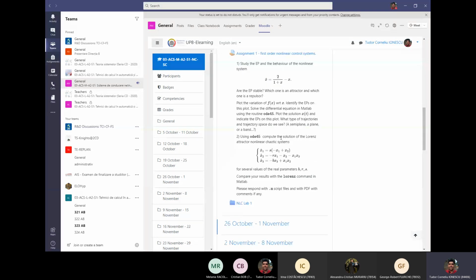Secondly, because I need you to practice ODE45 numerical integration, I'm going to ask you to simulate this Lorenz attractor system. This emphasizes from the first chapter the idea that a deterministic nonlinear system can behave chaotically.